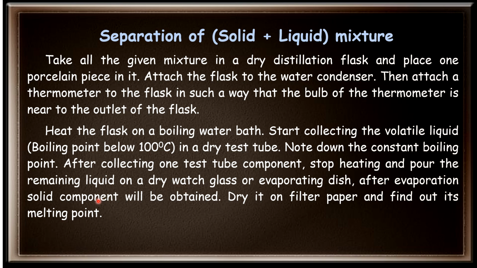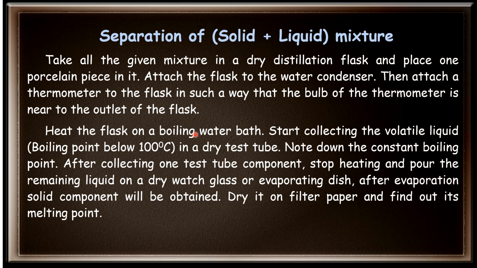After evaporation, the solid component will be obtained, and that compound is dried on a filter paper and its melting point is determined. Thus, solid plus liquid mixture is separated with the help of a distillation flask.